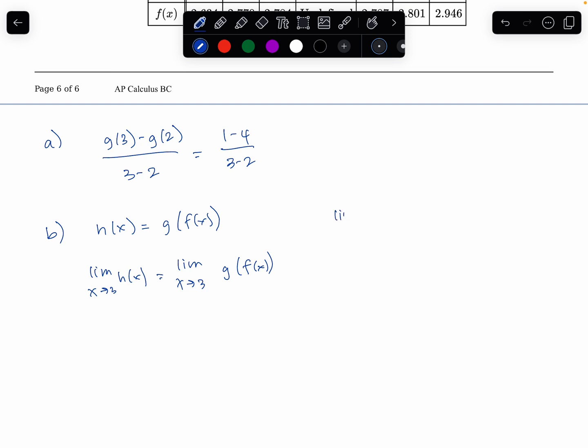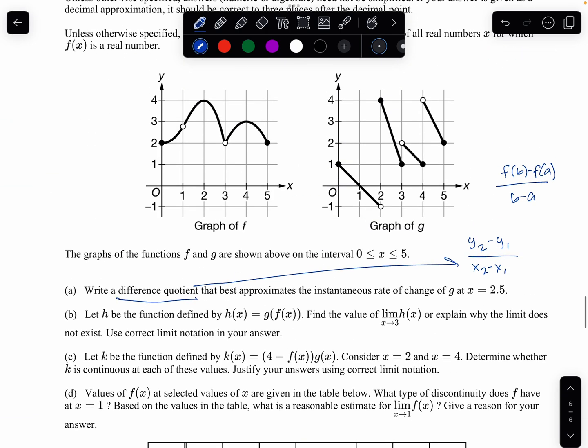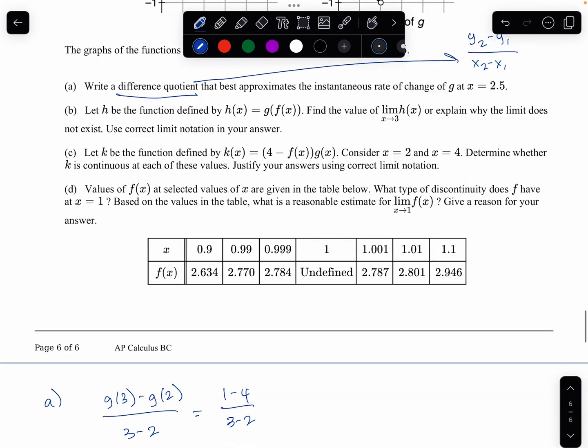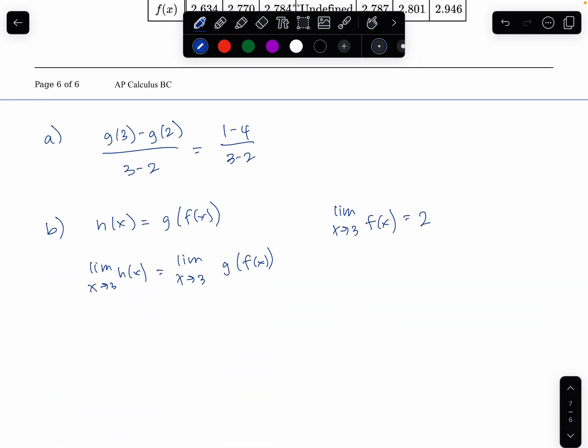So first, the limit as x approaches 3 of f of x. So we're evaluating the limit of the inside function. So the limit as x approaches 3 of f of x is equal to 2, and we're approaching it from above. So it's equal to 2 from above.